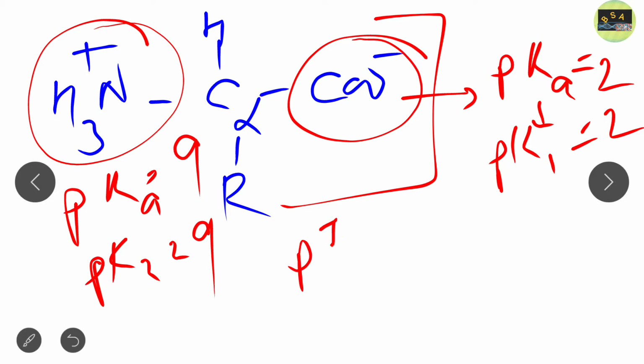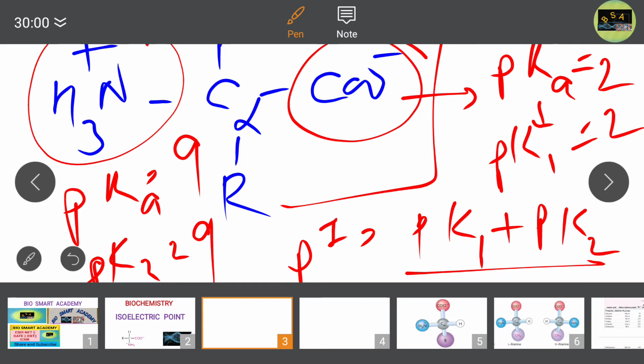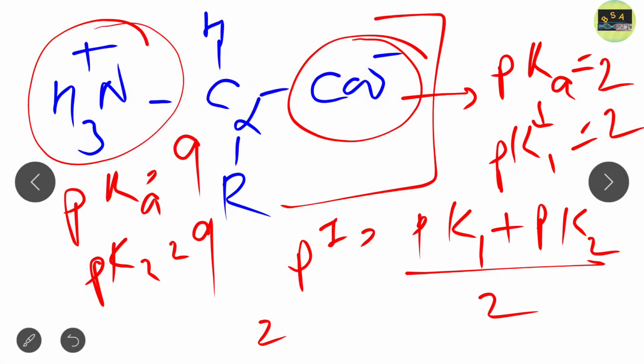The isoelectric point can be calculated easily: pK1 plus pK2 by 2, that is 2 plus 9, that is 11 by 2, that is 5.5. So this is a general calculation for the isoelectric point, that is 5.5.